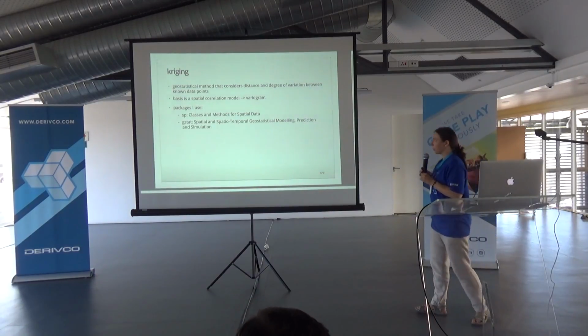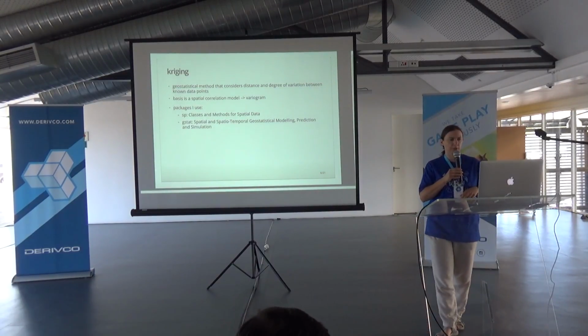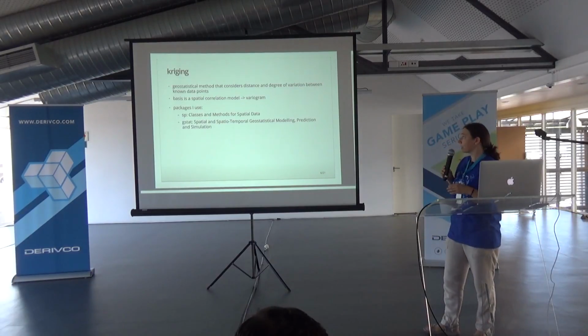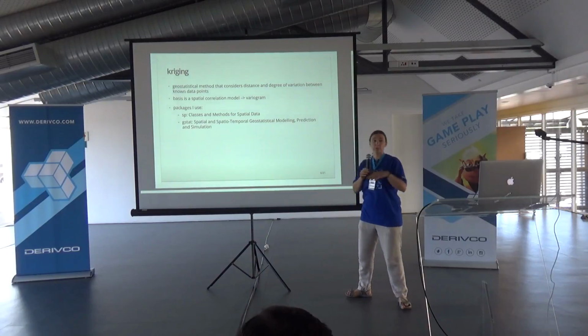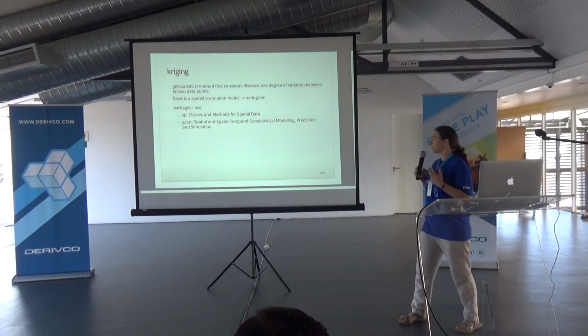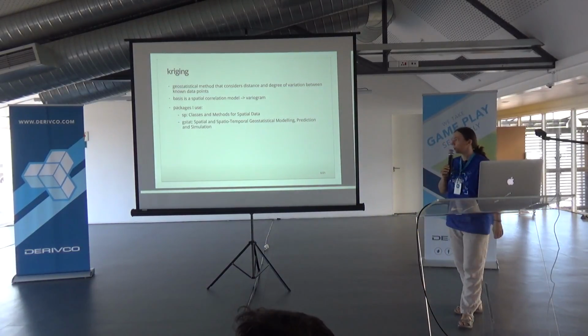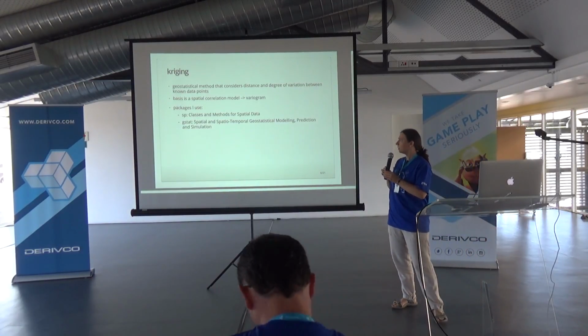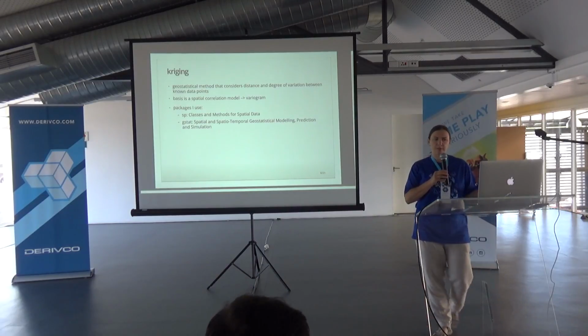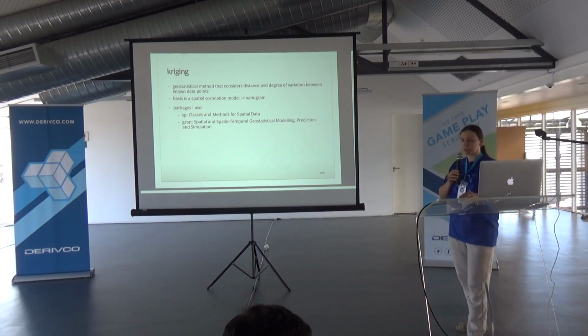It's based on a spatial correlation model, a so-called variogram. The packages I used were mainly the gstat package, which offers broad functionality for spatio-temporal geostatistical modeling, prediction, and simulation, and also functions from the sp package, which provides classes and methods for spatial data.